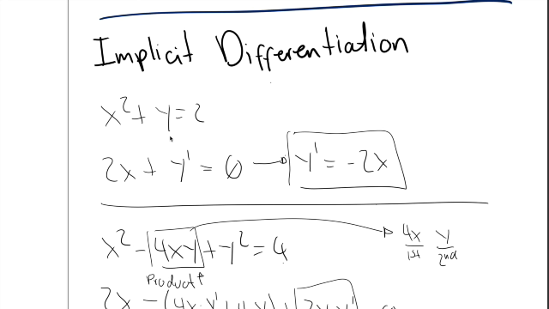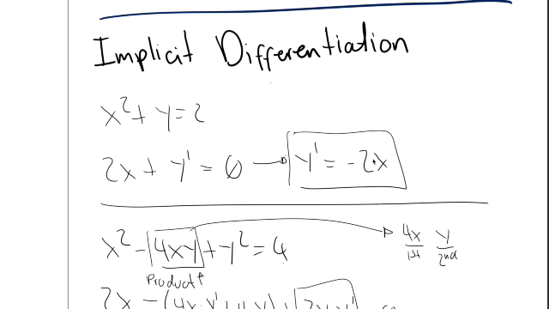It's just simply the derivative of y. And for 2, you know that the derivative of a constant is 0. After I have this, I solve for y prime, and by solving for y prime, I get that y prime is equal to negative 2x, which is the same answer that it gives me in the opposite manner.